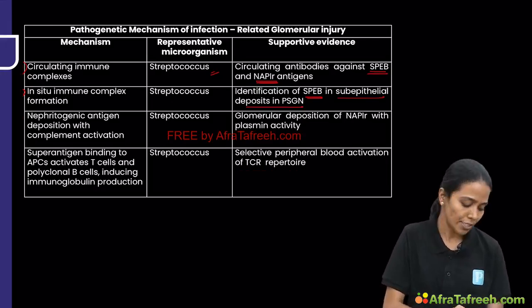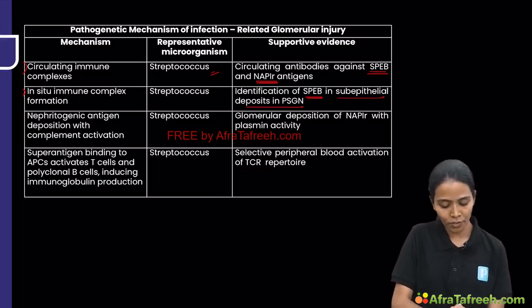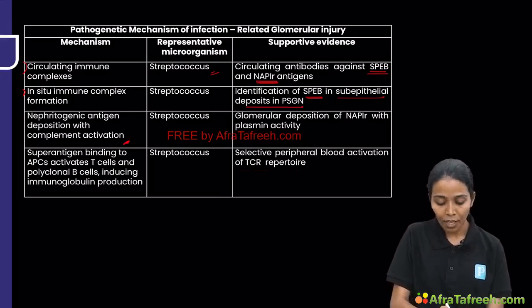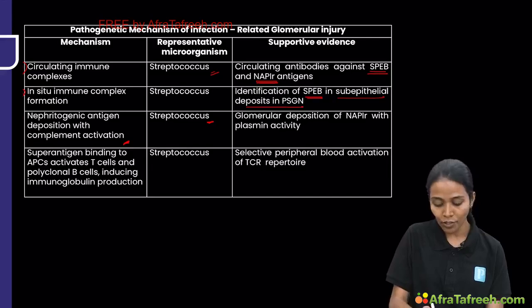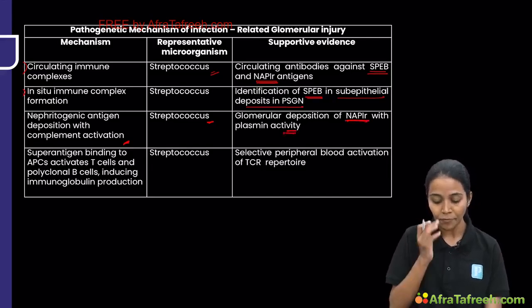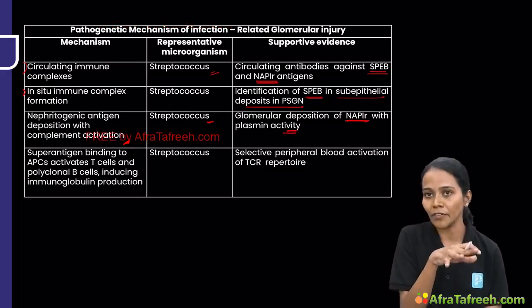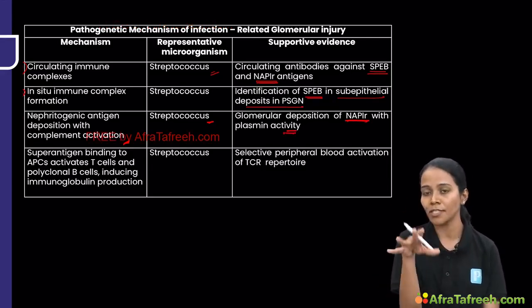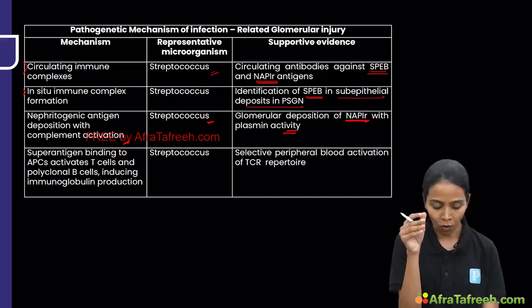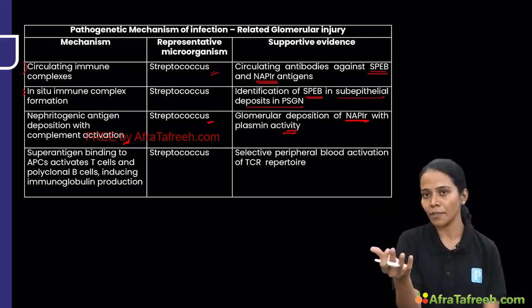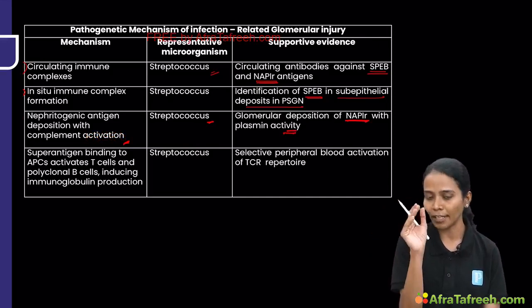Okay. Third is nephritogenic antigen deposition with complement activation. The organism is Streptococcus. This happens because of glomerular deposition of NAPlr with plasmin activity. That is, this is the third mechanism that we discussed, where the antigen goes and deposits in the kidney, or some molecular mimicry happens, and this mostly is seen in NAPlr.